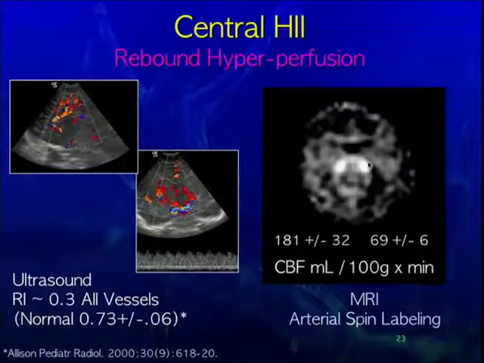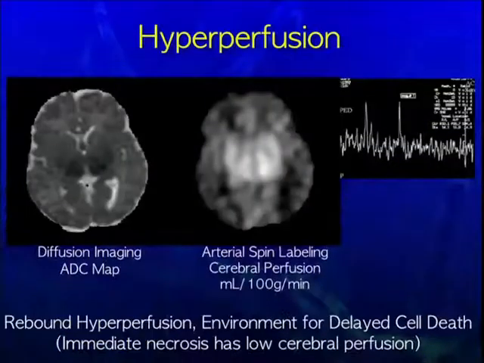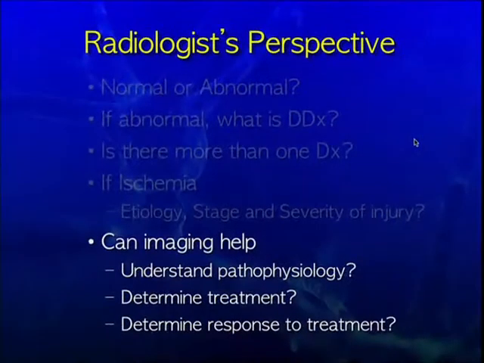Whereas a matched low ADC and no blood flow is sort of a completed injury, more like acute stroke. The hyperperfusion often exceeds the area of the diffusion abnormality, so it identifies a larger area at risk, and it's not unusual to see no lactate in those areas, again indicating that it is not ischemic, immediate necrosis dying by lactic acidosis at that time.